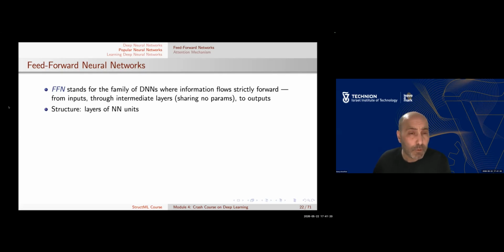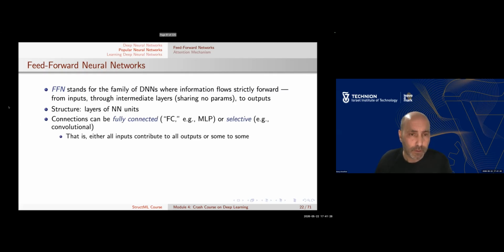So it will be defined by layers, maybe one, maybe a few, of units. Now, the connections between one layer and another can be either fully connected, which means that every input connects to every output, or selective, like in convolutional networks, where subsets of the input layer connect to subsets of the output layers by some rules.